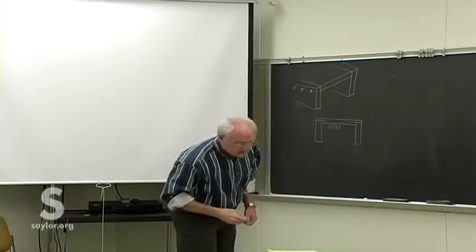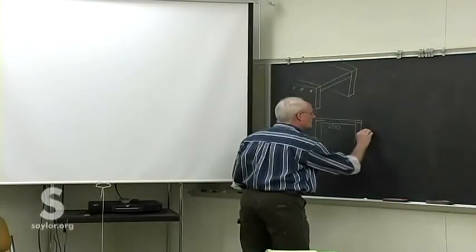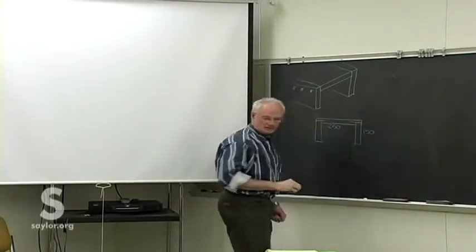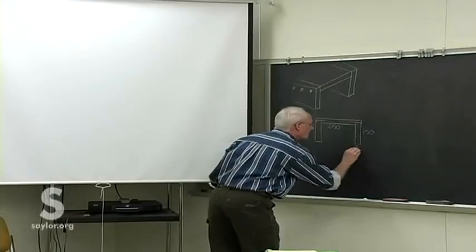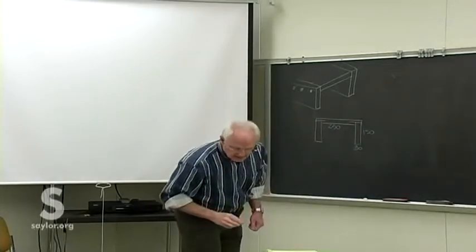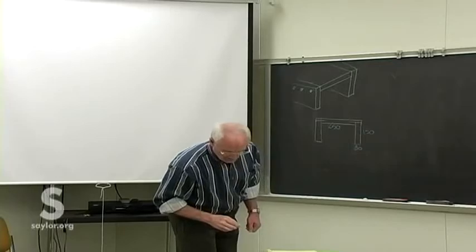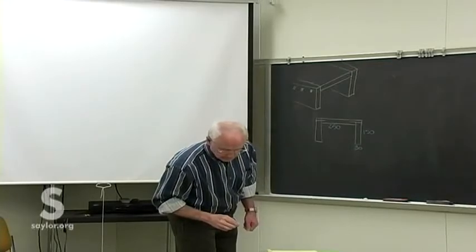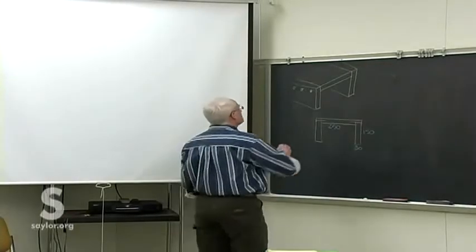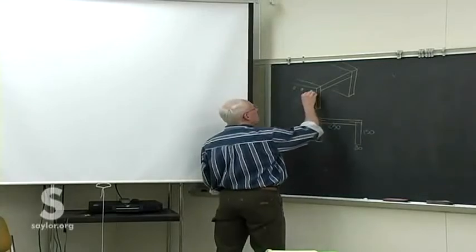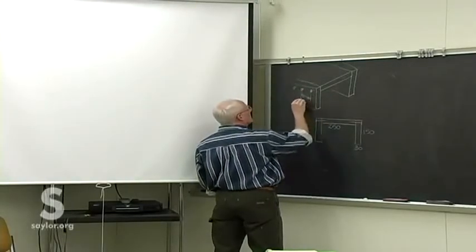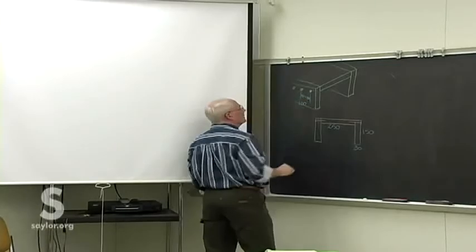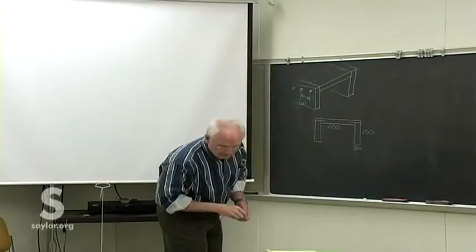All right, given dimensions. 250 millimeters on the inside, 150 on the side. 30 the thickness of that board, same for the top board. Spacing between the nails, 100 millimeters.